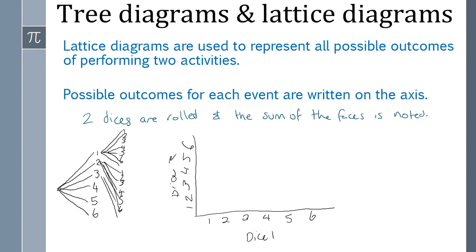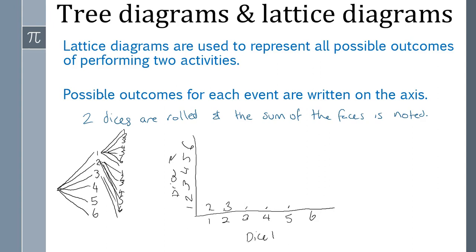Now you can do this 2 ways. You can just list what would happen, so you'd roll a 1 and a 1, a 1 and a 2, 1, 3, 1, I'm getting worse at this, 1, 5, 1, 6. Or if you know what the question's asking, like this one, the sum of the faces, you go, if I roll a 1 and a 1, I'm going to get 2.